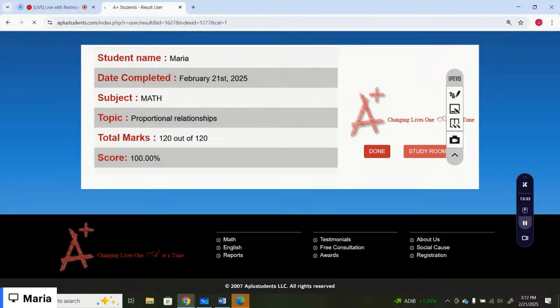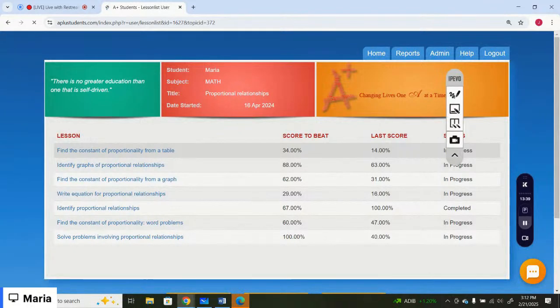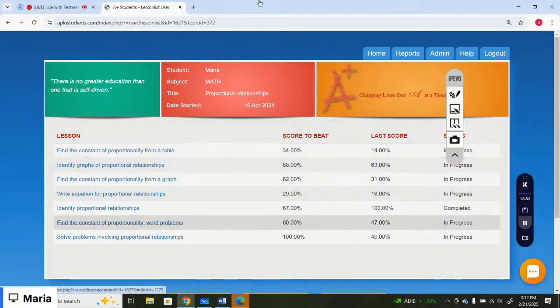Okay, we are done with the lesson. The next lesson is find the constant of proportionality word problems.